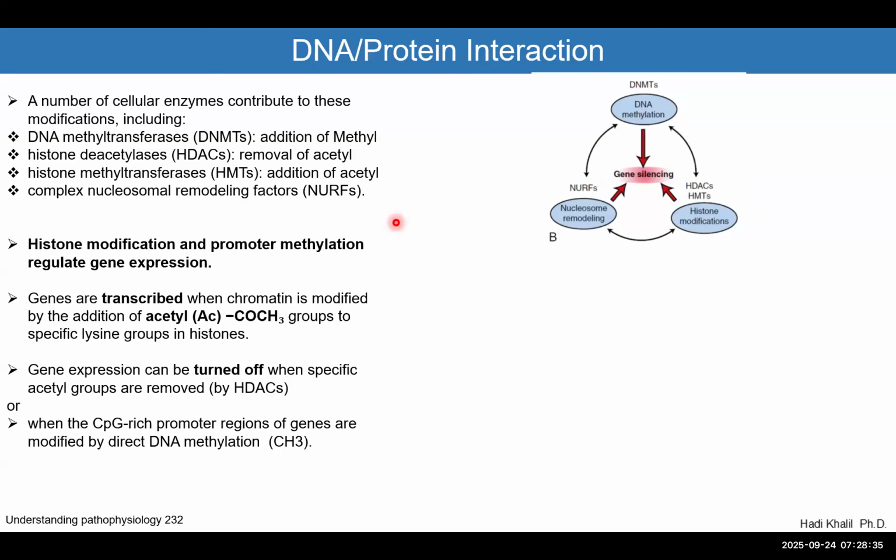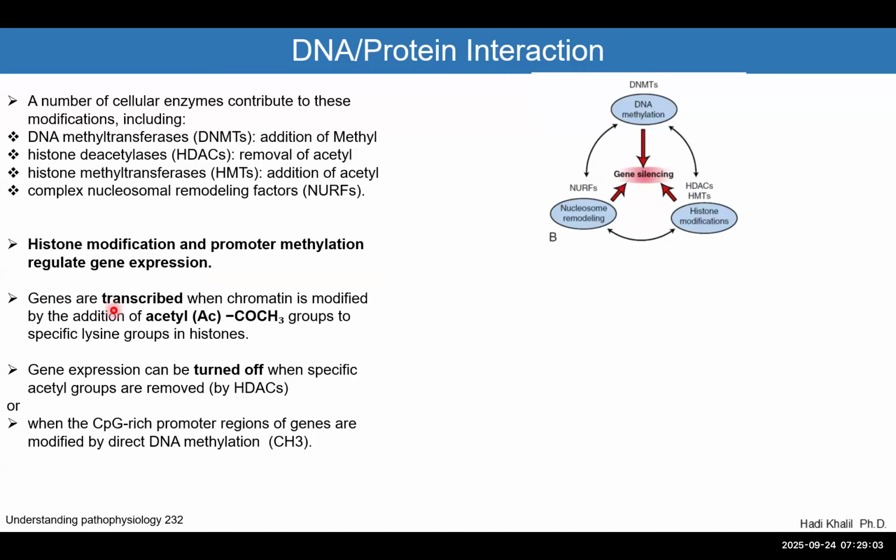It could be across different proteins, or it could be one of the proteins in the complex. So histone modification and promoter methylation or acetylation, like this is one of the examples, could regulate gene expression. Okay, and methylation on the DNA is mostly downregulation of that expression.